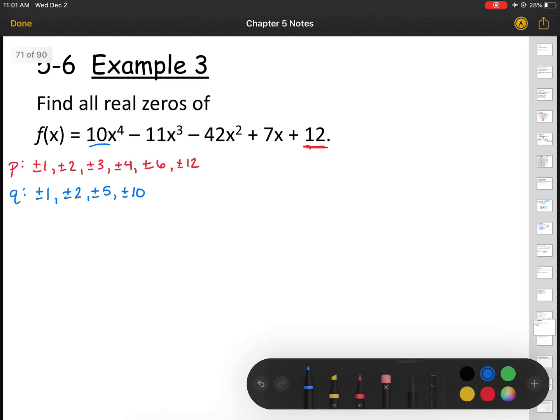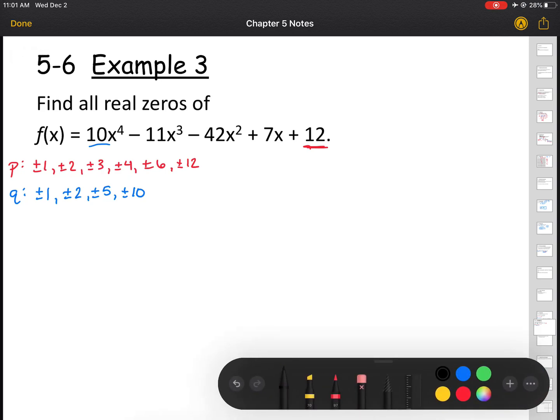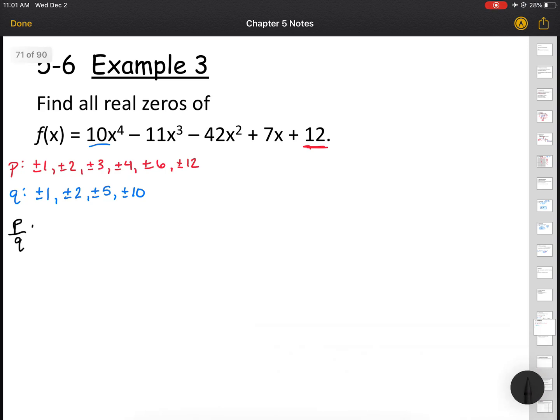Okay, and now if we want the possible zeros, we've got to stack p over q, so that will give us positive or negative 1, 2, 3, 4, 6, and 12.